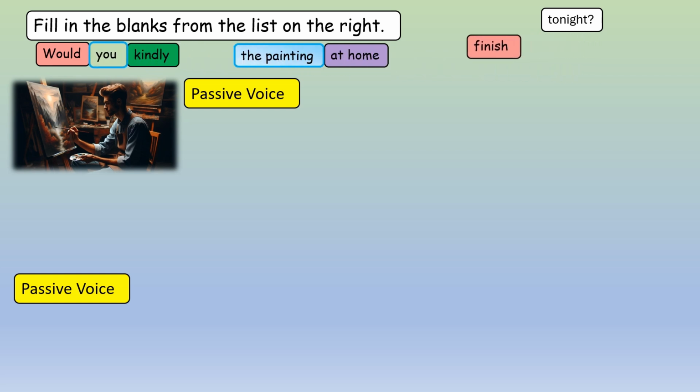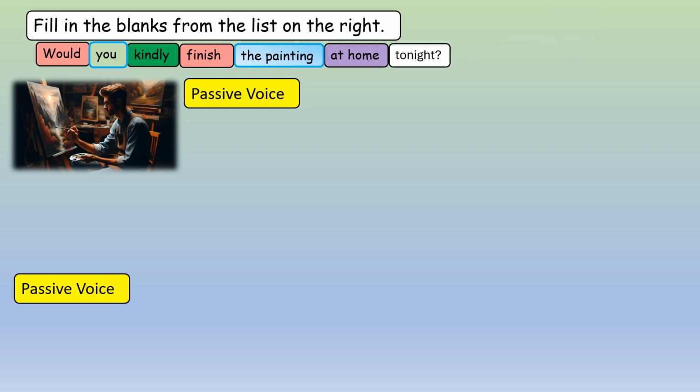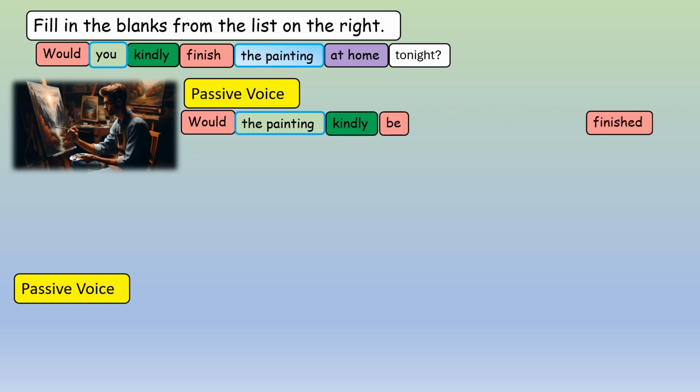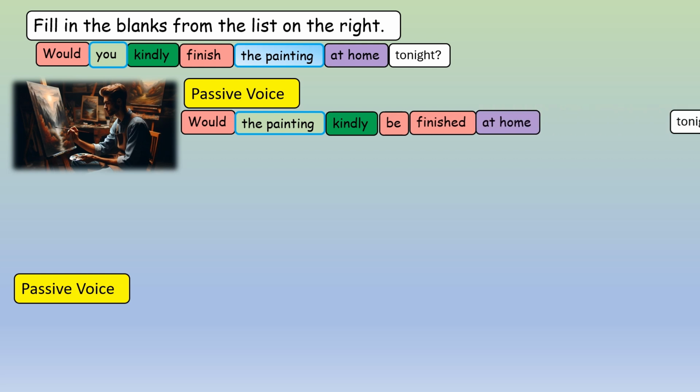Would you kindly finish the painting at home tonight? Let's rewrite that to the passive voice. Would the painting kindly be finished at home tonight? We don't have to say by you. That's not really important here.